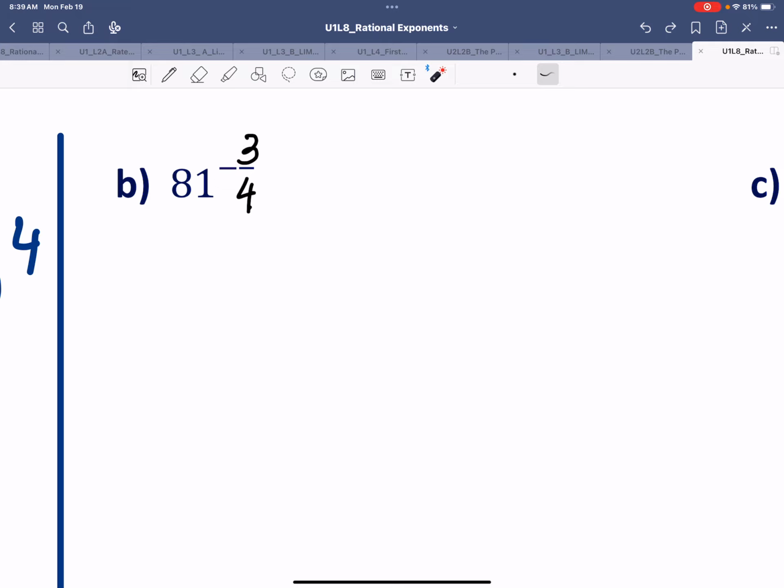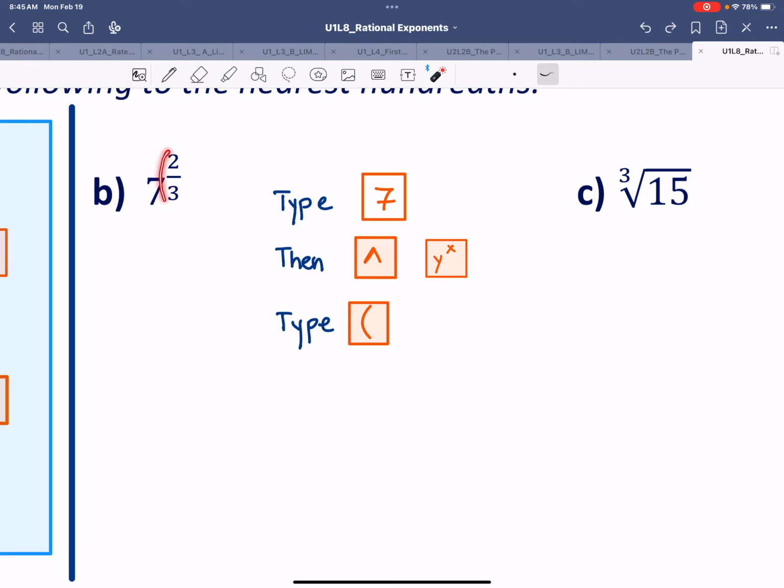Now this is where the story will change slightly. So in order to enter the power of 2 over 3, it is important that we keep this in brackets, because the calculator won't recognize the order of operations otherwise. So we have to type brackets to keep the power that is in rational form in brackets. So press 2, press divide, press 3, close the brackets.